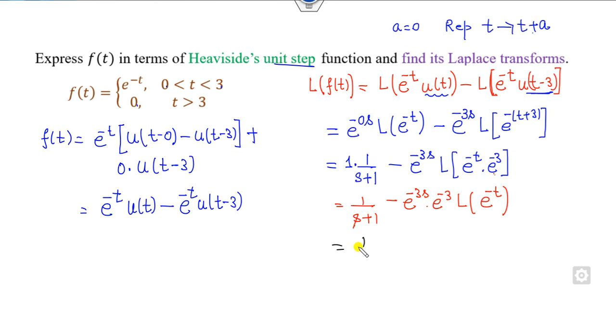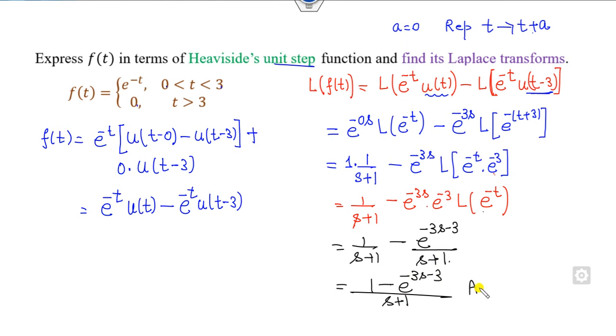So what is the answer of this? 1 over s plus 1. This I can combine: minus 3s minus 3. Laplace of this will be s plus 1. So I can take the LCM. 1 over s plus 1 minus e raised to power minus 3s minus 3 over s plus 1 is the right answer of this problem.